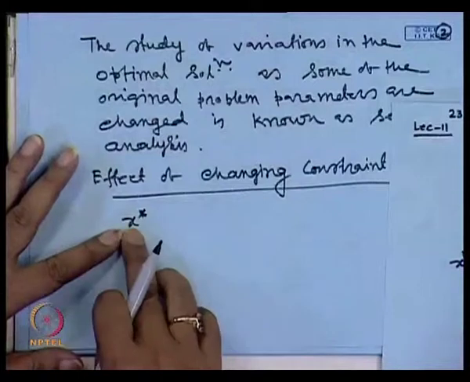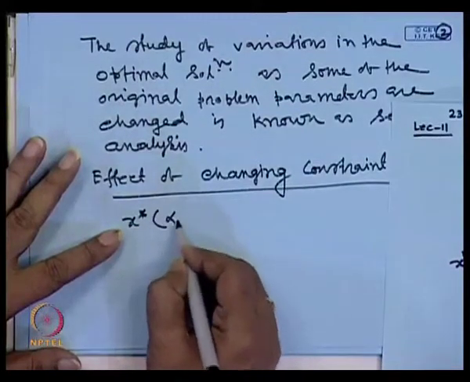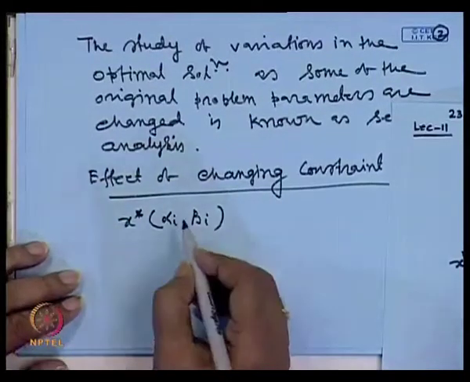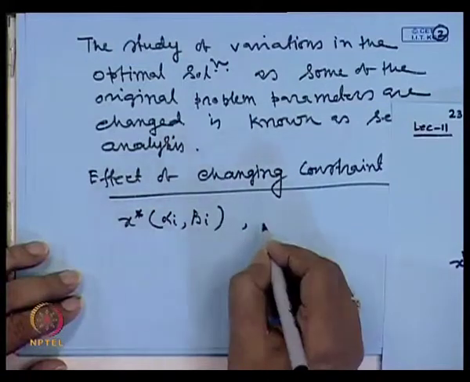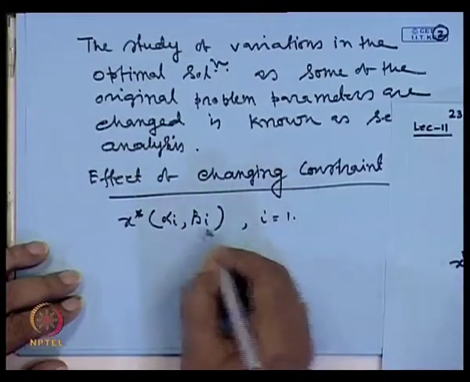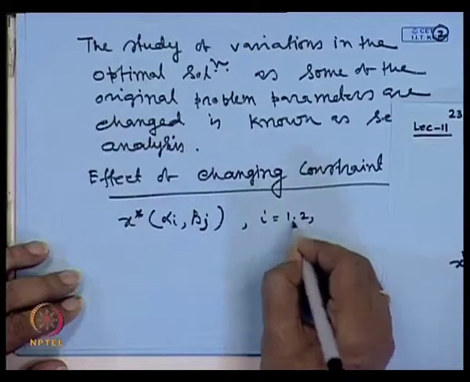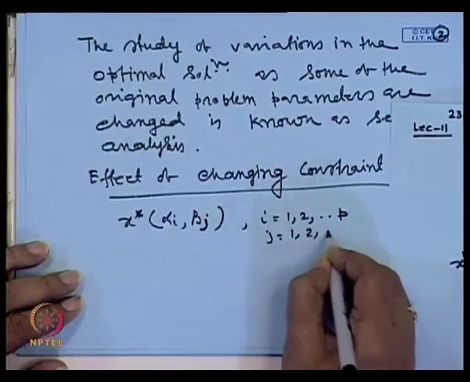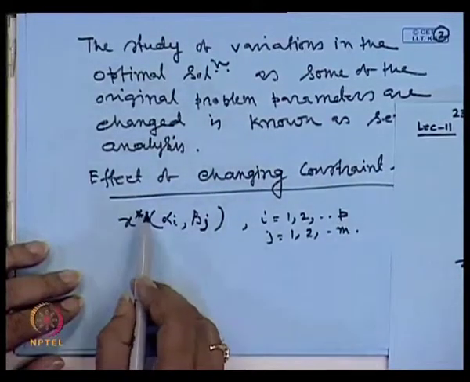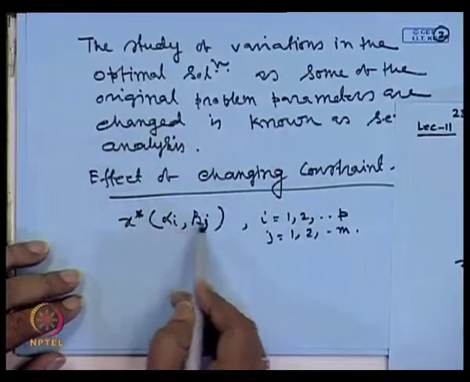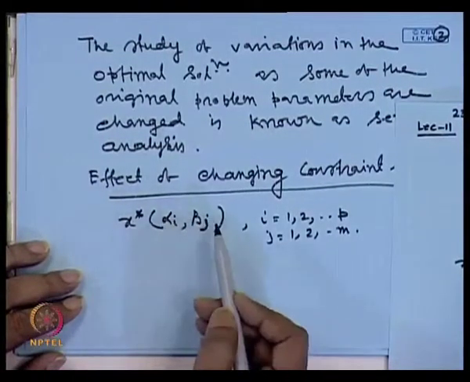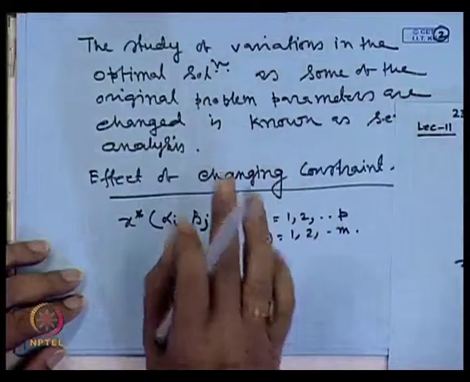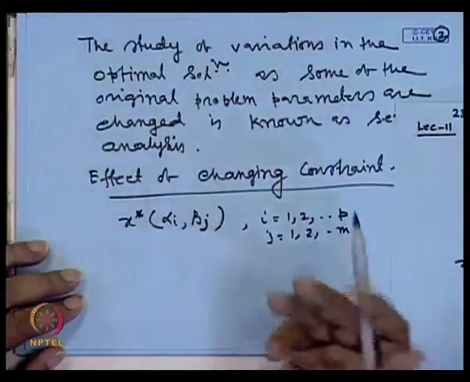This new x star is a function of alpha i and beta j. Agree? Here i varies from 1 to p, and j varies from 1 to m. When all alpha i and beta j are zeros, we will get our original problem solution. That means we will get the minimization of the original problem solution.